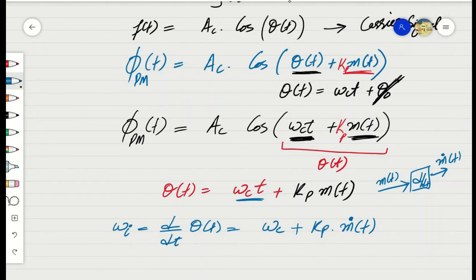So when information is directly added into the running phase, the derivative of the information signal is actually being added into the frequency. When we modify the instantaneous phase directly with respect to the information signal, the instantaneous frequency is also modified along time.